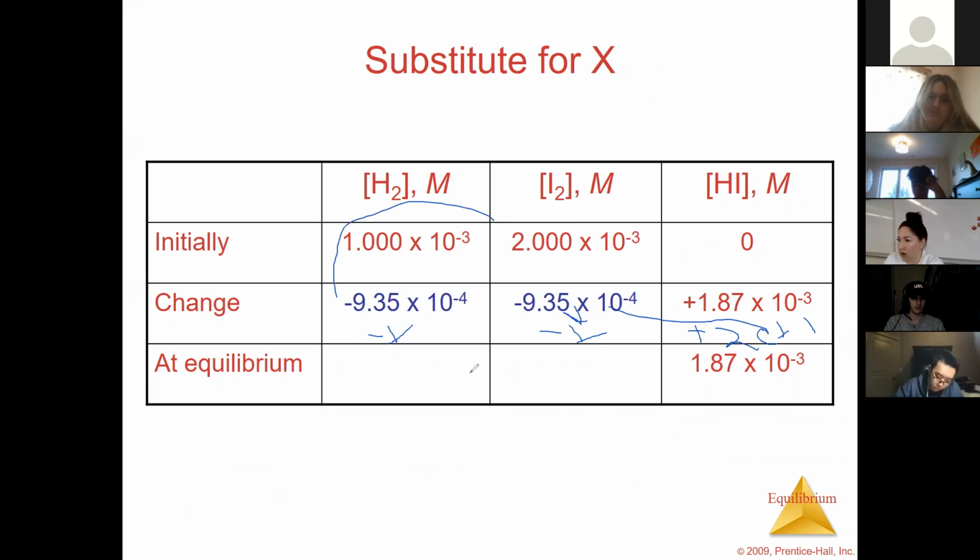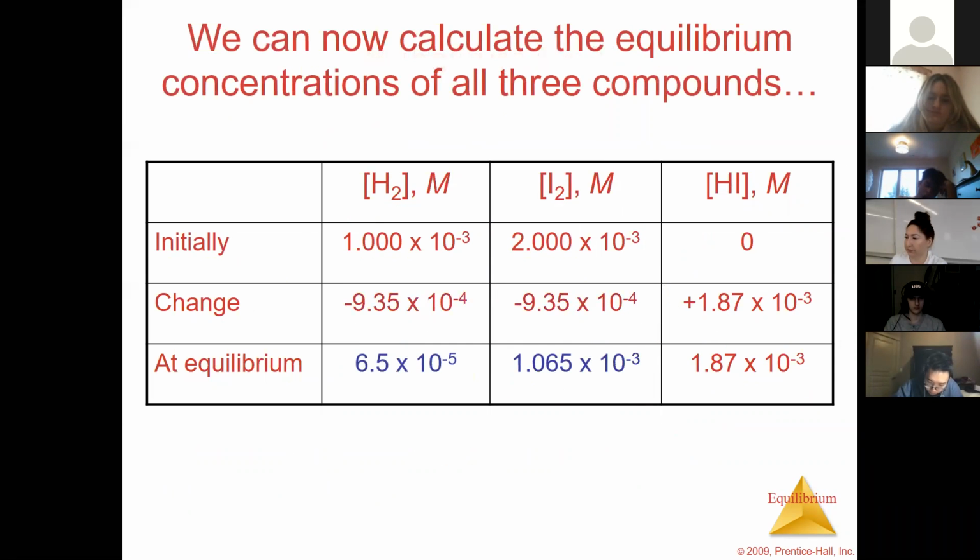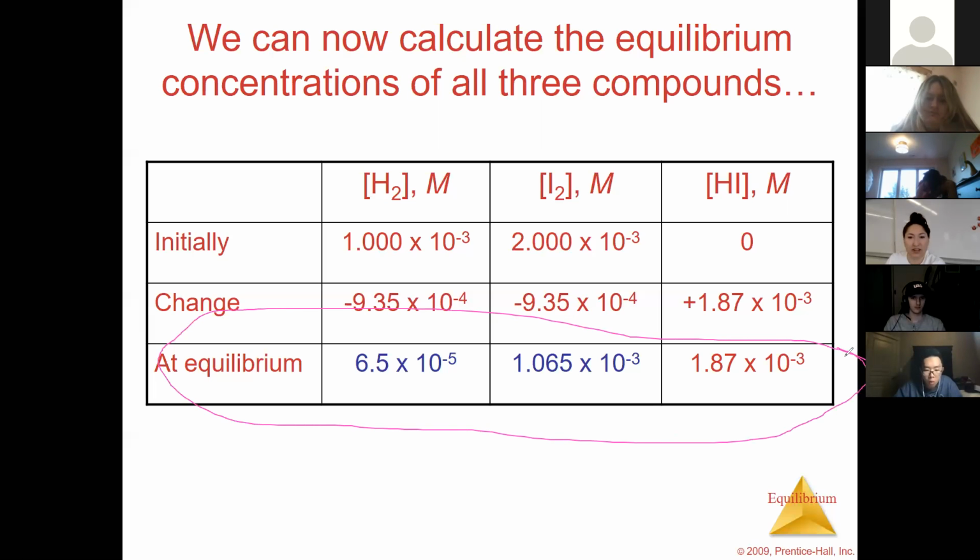And now we do 1 minus this number, 2 minus this number, and we can get our equilibrium numbers. And now we have what we want. We have all of these. So now we can plug them into our K expression and get K. That was the whole problem. Yeah, and then that's what the next slide will be.